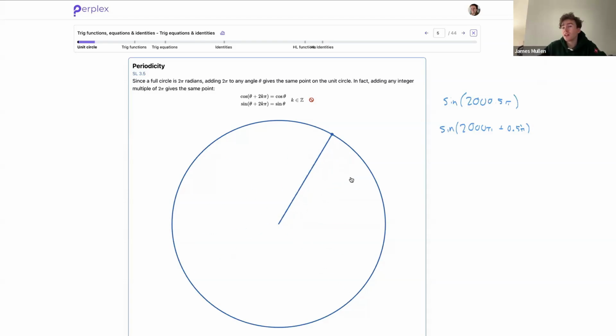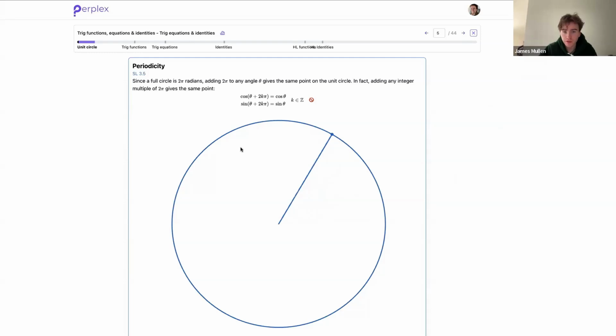So that means I've done, in this case, 1,000 loops around the circle, and then I've done 0.5 pi. So this is actually the same as 0.5 pi. All right, and 0.5 pi is pi over 2, which corresponds to this point up here on the unit circle, and so sine theta is going to be 1 here.